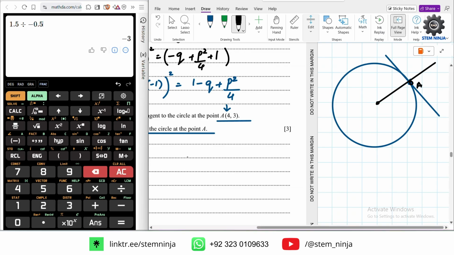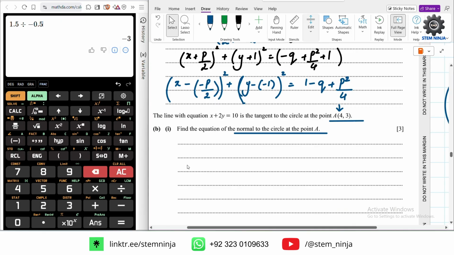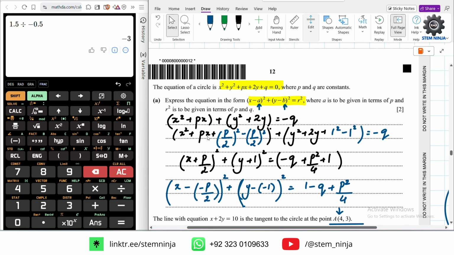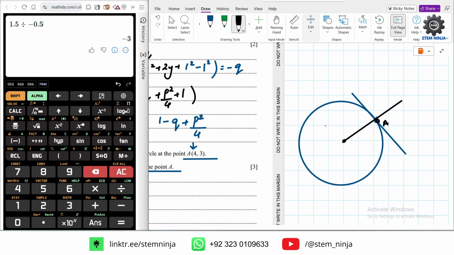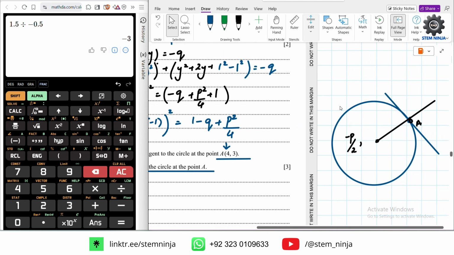Okay, that is minus p over 2, minus 1, and this point is 4, 3.